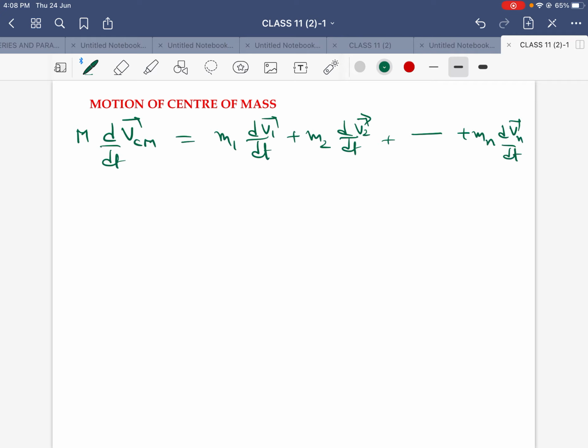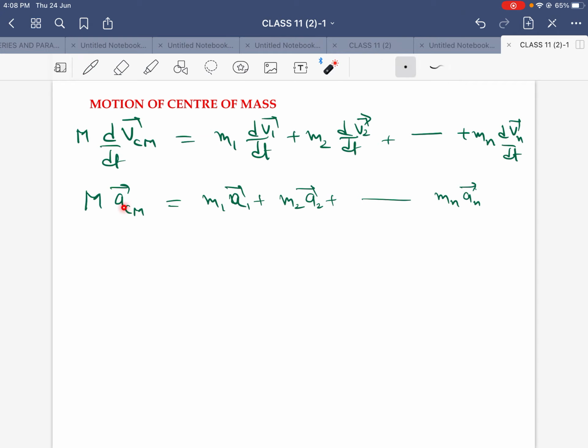And we know that rate of change of velocity is equal to acceleration, so this will give the acceleration of center of mass and the accelerations of first particle, second particle and nth particle. So we can write it as M into acceleration of center of mass equals m1 a1 plus m2 a2 plus so on mn an. This equation gives the acceleration of center of mass and this gives the accelerations of individual particles.